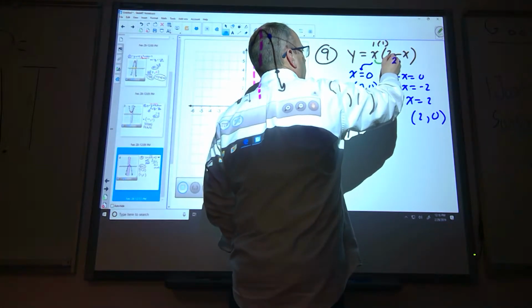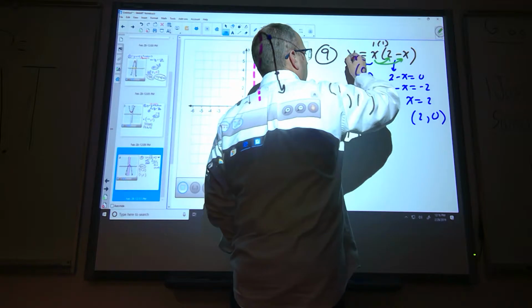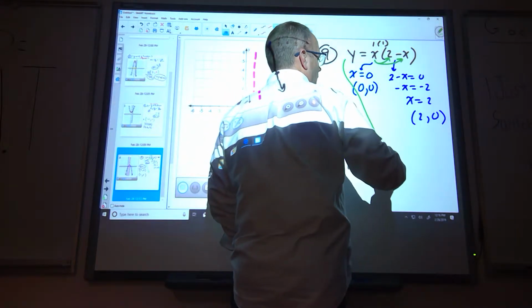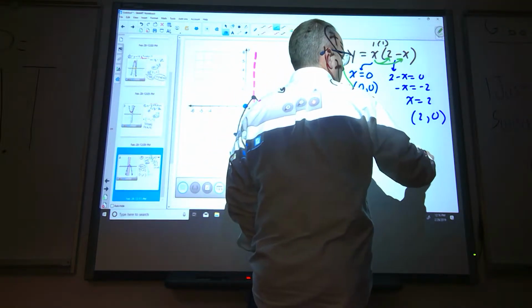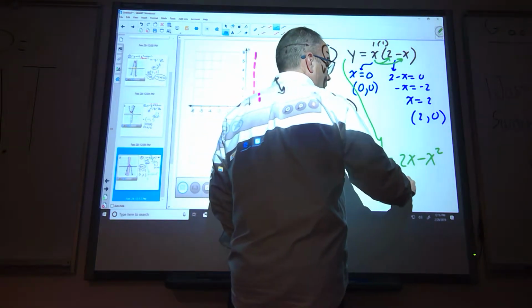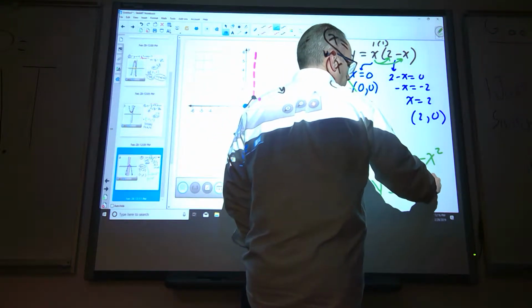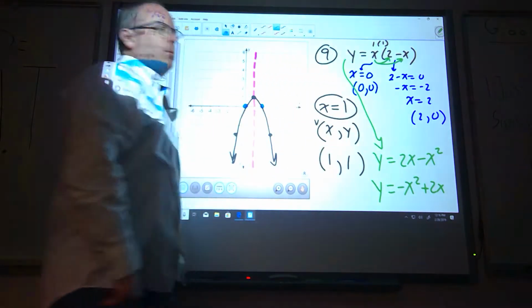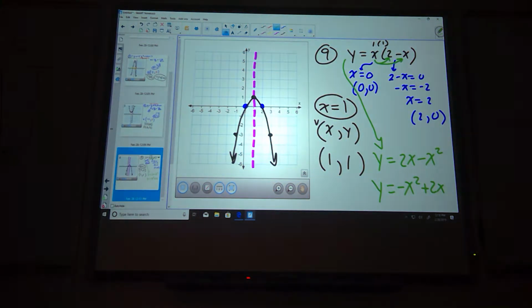If I were to distribute this here and this here, that's going to give me y equals 2x minus x squared. Let's change the order to put it in descending order. Should that parabola open down? Yeah. So sometimes it might twist your head around, going, wait a minute, why is that happening that way? That's a good one.